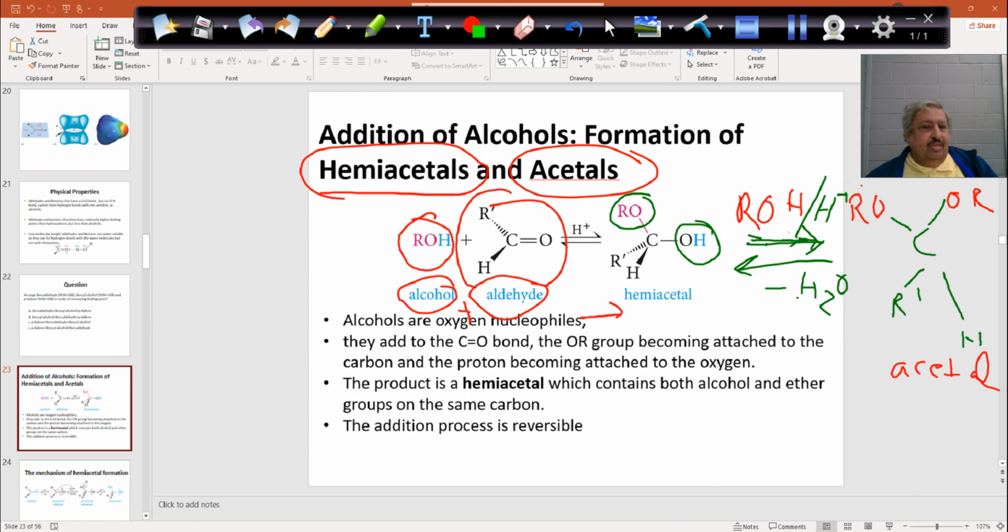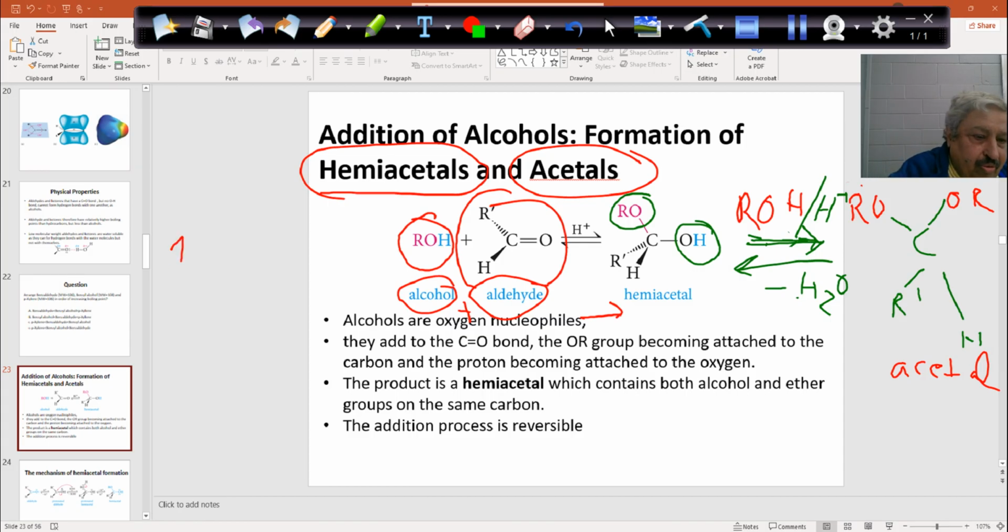Okay, guys? So, adding to aldehyde and ketones, if you add one molecule of alcohol to one molecule of aldehyde, you get a hemiacetal. If you add two molecules, you'll get what? Acetal. So, let's put this one here.